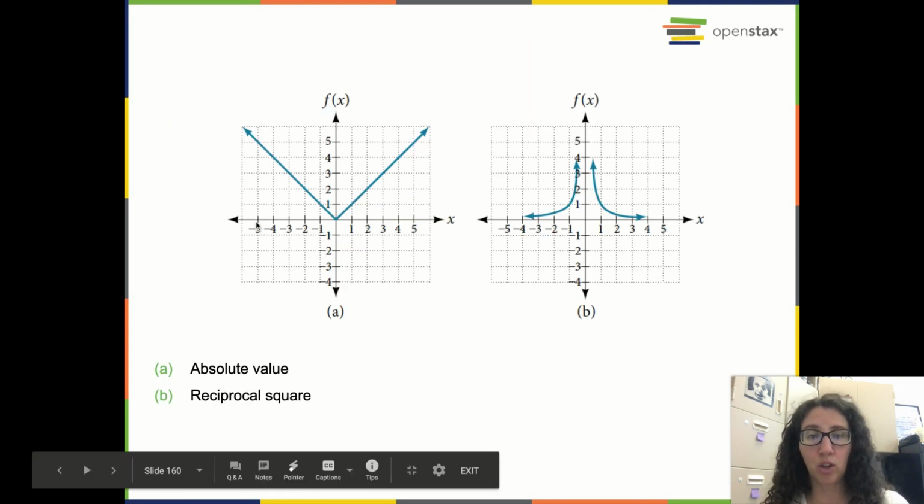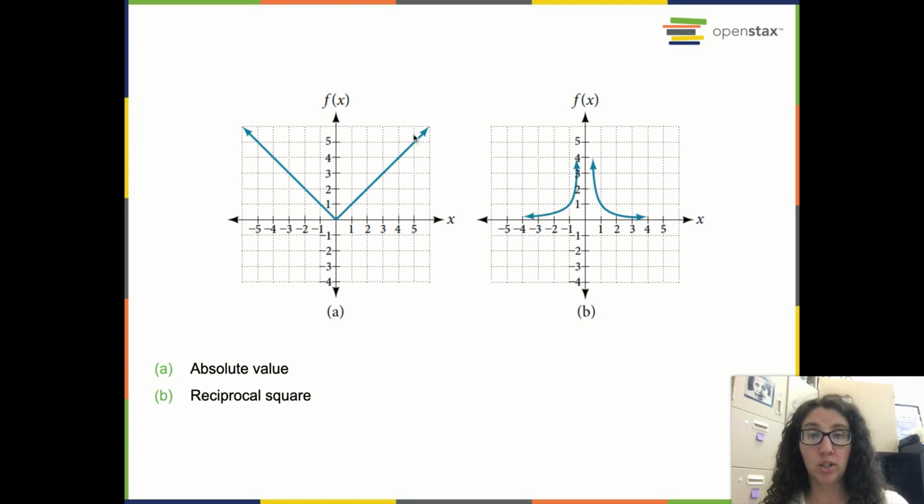Okay, well, let's look at some toolkit functions. Let's look at absolute value or reciprocal square, so 1 over x squared. Are these one-to-one functions? No, right? For one output like 3, if I said solve f of x equals 3, well, you're going to get 2 answers, 3 and negative 3.